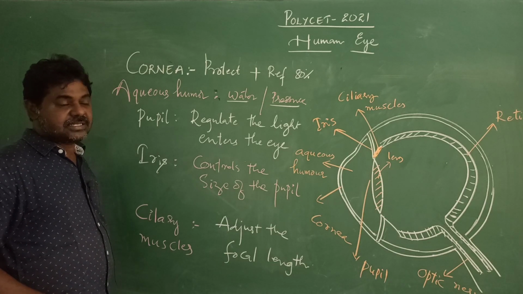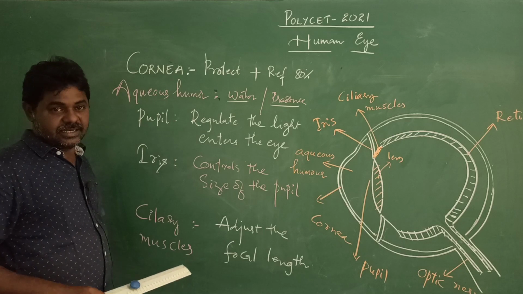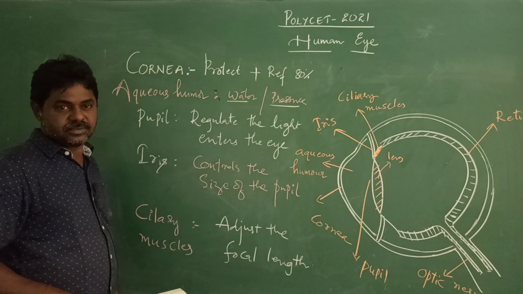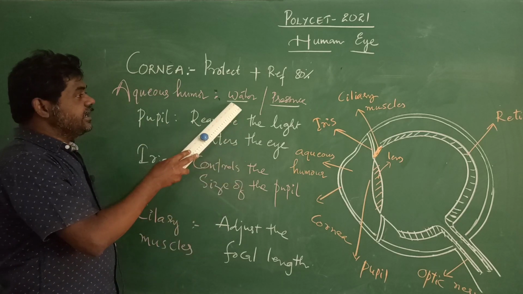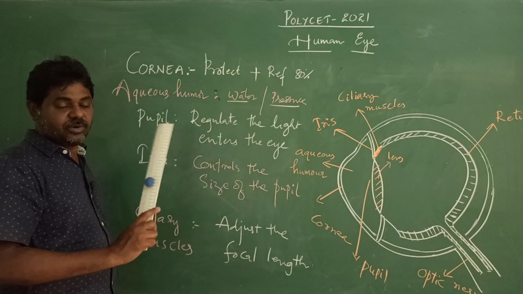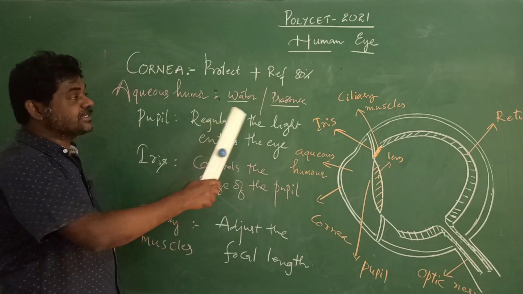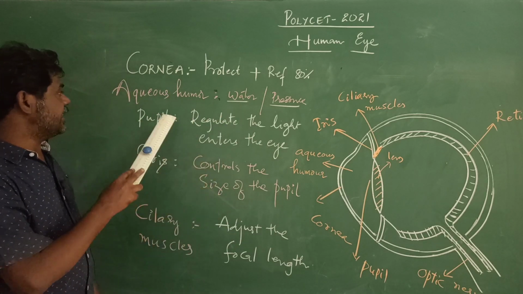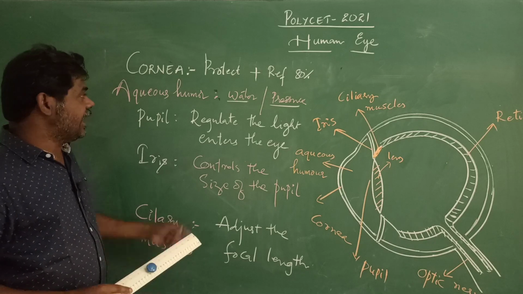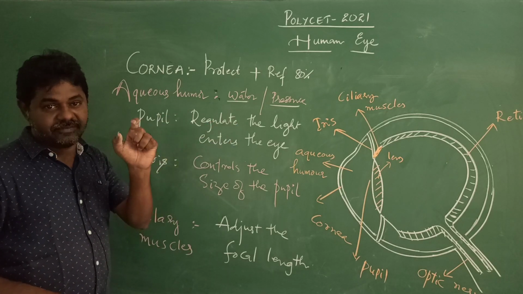Aqueous humor is just like a water-like material. It is going to behave like water. It is going to balance the pressure difference inside and outside the eye. Is it right? So that is the function of aqueous humor, and it has a water-like, flexible behavior.